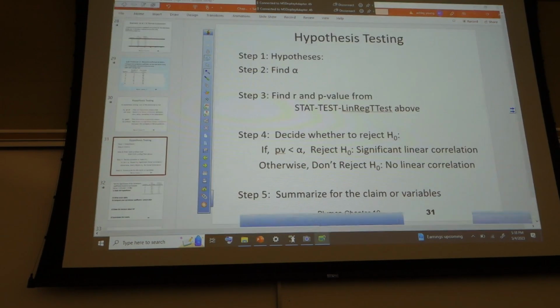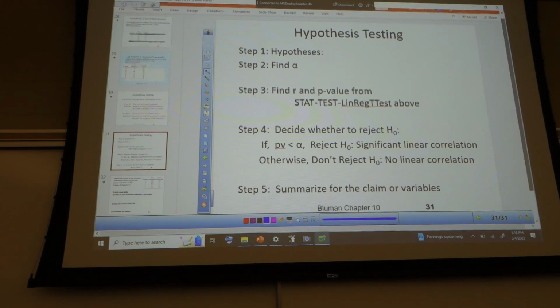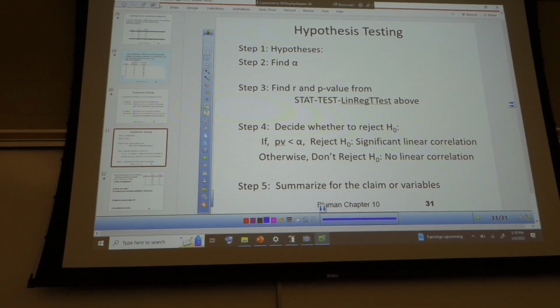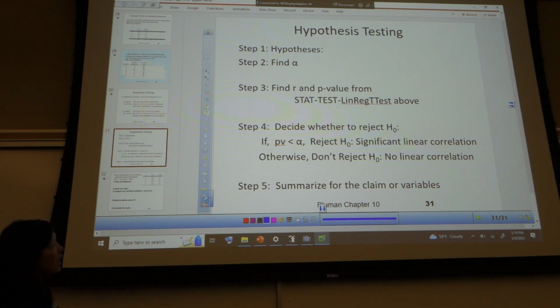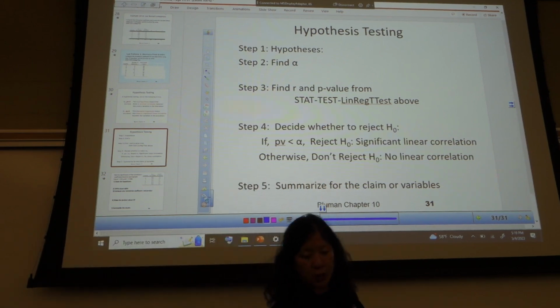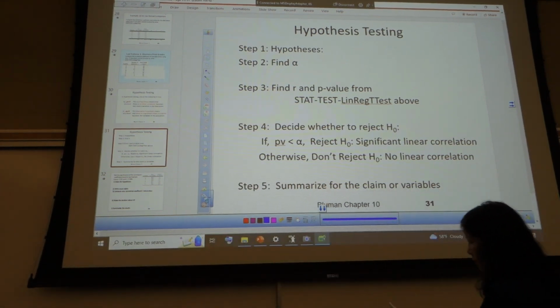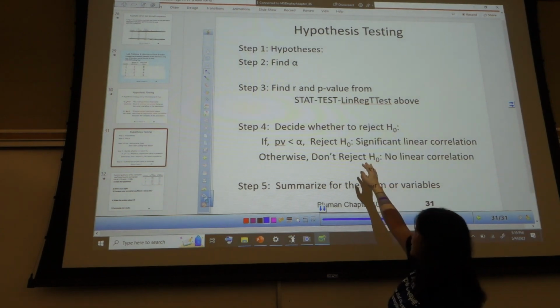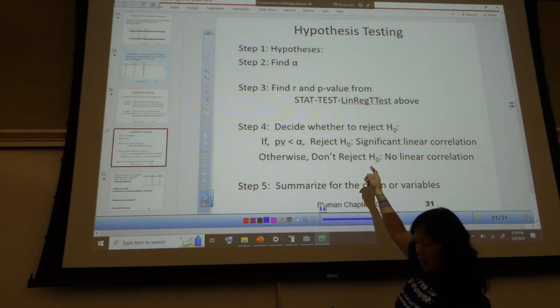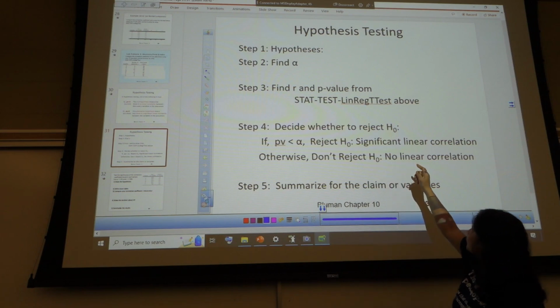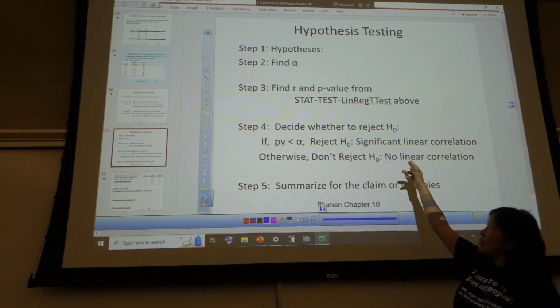So here are our steps. Step 1, hypotheses. Step 2, write down your alpha. Step 3, find your R and your p-value from linear regression t-test, just like you did earlier, and then decide whether or not to reject H naught. So this is where you need to fill some stuff into the blanks. If the p-value is less than alpha, we're going to reject the H naught, which means it is a line.